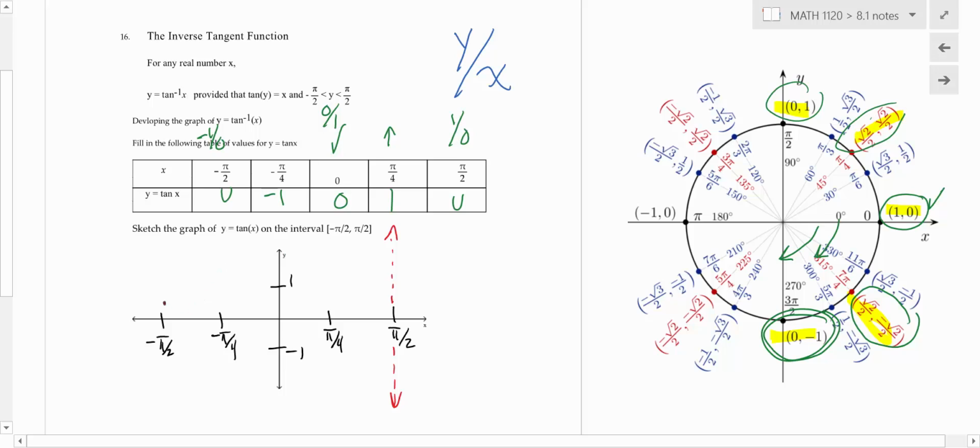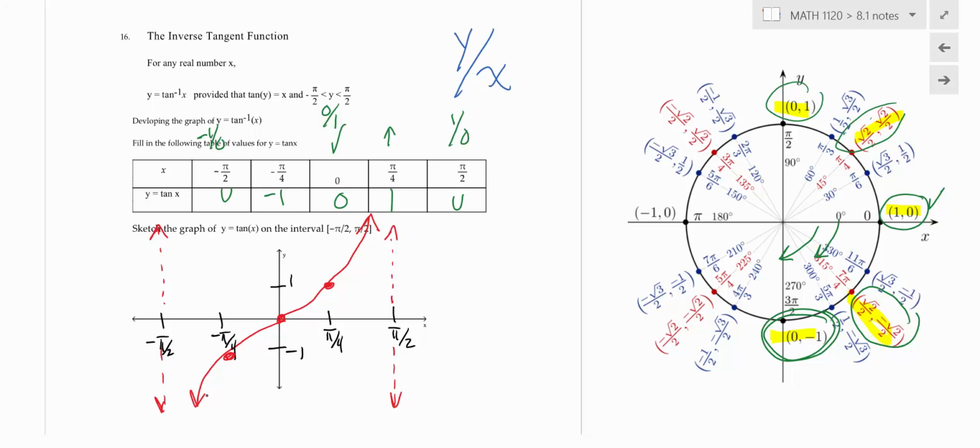You also learned that we're undefined at negative pi over 2, so there's a vertical asymptote there. Halfway in the middle, have the point 0, 0. To the right, you're up 1. To the left, you're down 1. And that's what the tangent graph looks like. Everybody remember that, okay?